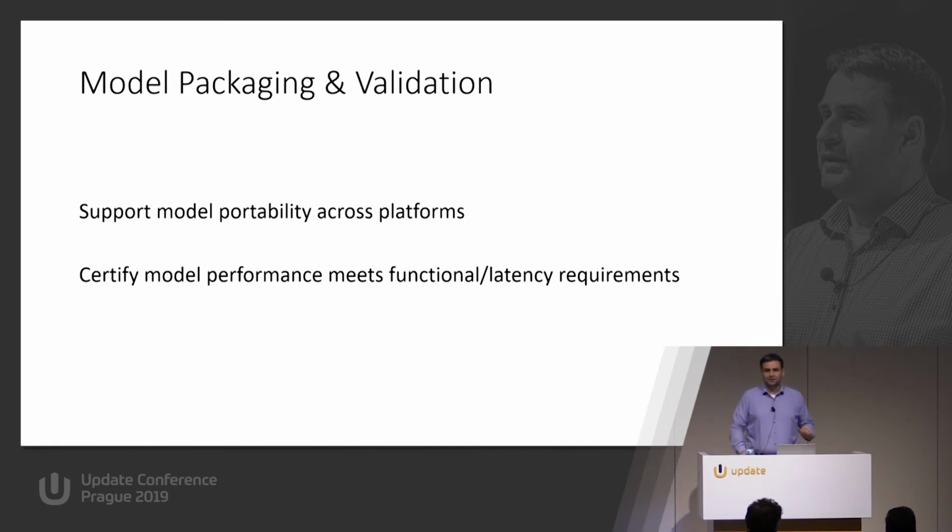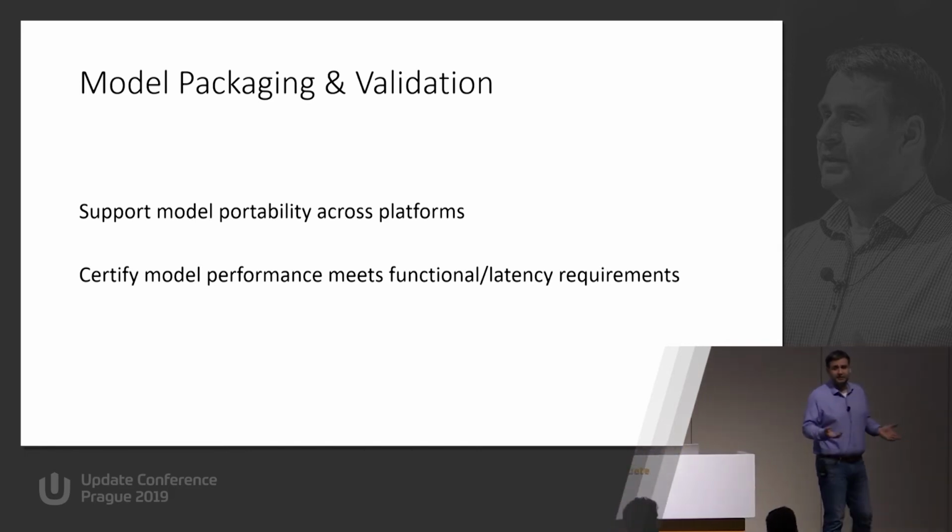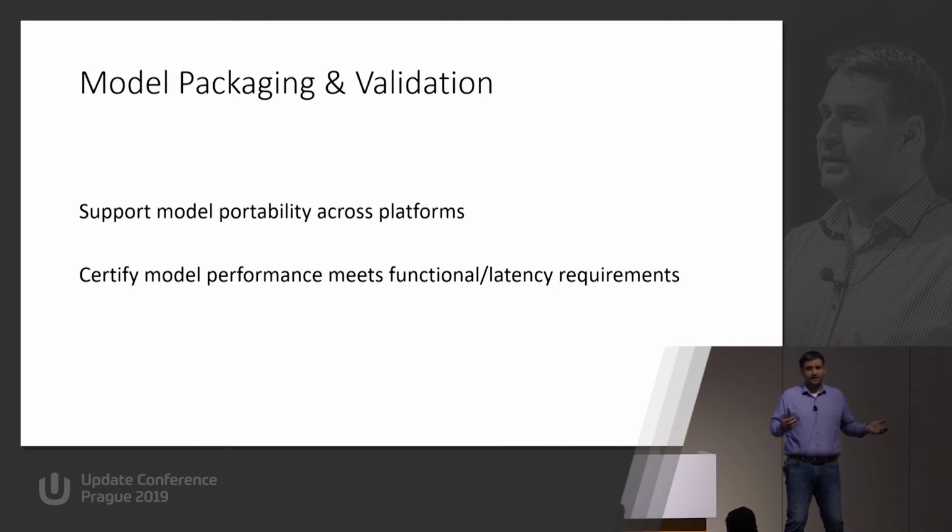Same is model packaging. For example, Azure Machine Learning Service uses Docker containers. The default approach for Azure Machine Learning Service takes your trained model, packages it into a Docker container, and then takes that Docker container and deploys it wherever a Docker container can run. And that is interesting because these days a Docker container can even run on the edge, like on a smart video camera or in a smart car or whatever.